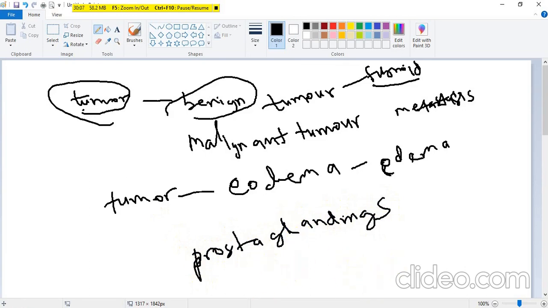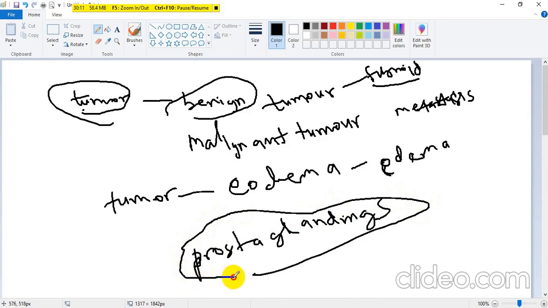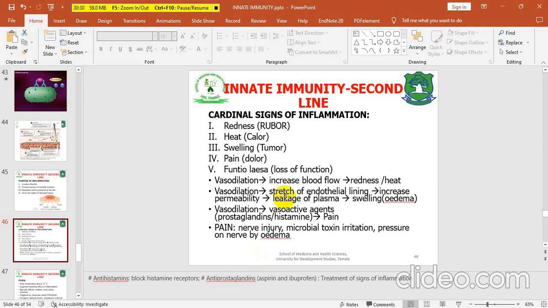So the prostaglandins cause the painful feeling we feel when we are injured, when you have a headache. It means the body has produced a lot of prostaglandins and leukotrienes. They mediate pain. Okay, so we have pain, that is dolor.